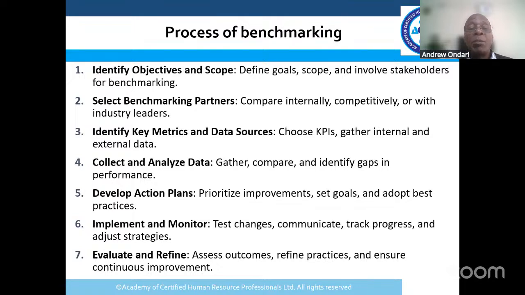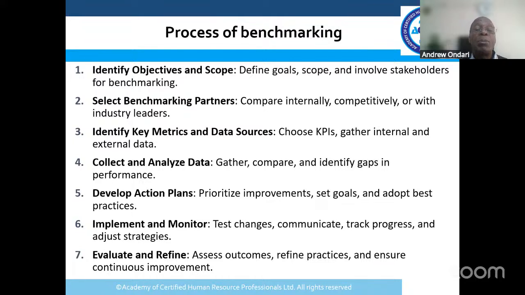We want to benchmark in order to improve our processes, our policies, and our practices. So when you set out to do benchmarking, what should be on your mind is improvement. Improvement of those processes, policies, and practices, including culture.